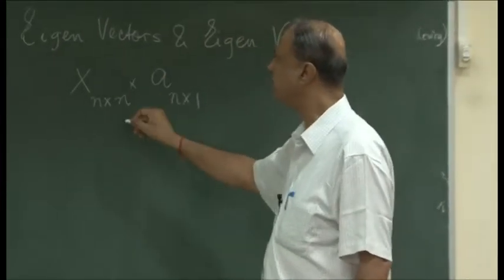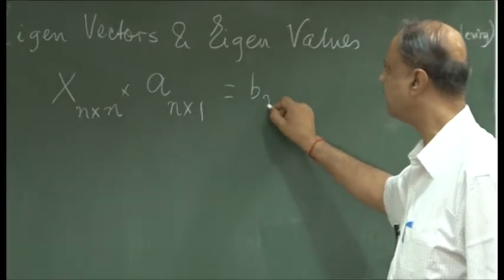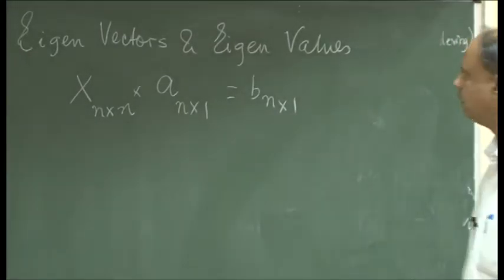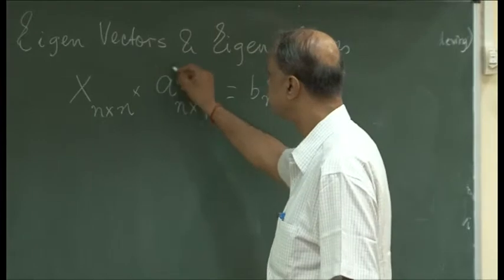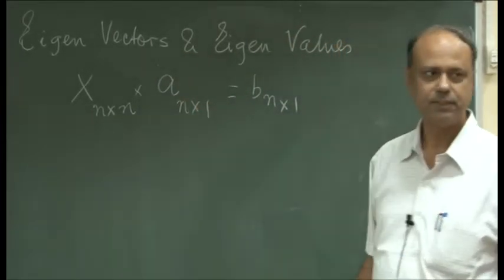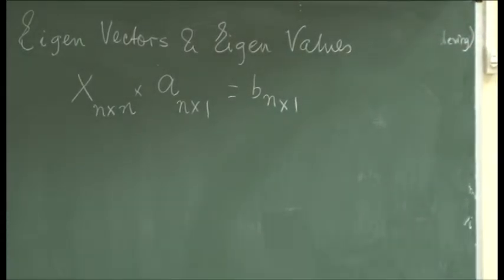If I perform this operation, what will I get? I will get another vector. Okay, there is no vector arrow mark on the symbol; I assume it is a vector because generally we write it in bold letters, but here there is no scope for writing. So, this is another vector.